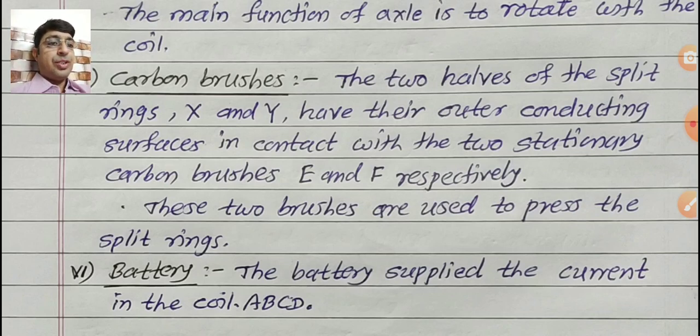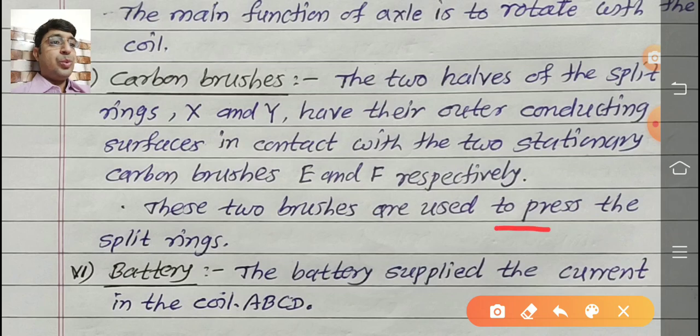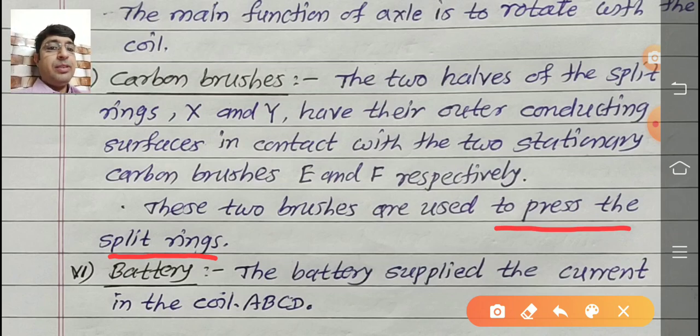These 2 brushes are used. So what is the function of these carbon brushes? Underline: to press the split rings. For that purpose, these carbon brushes are used in the electric motor. And the last component used in the electric motor is the battery. The battery supplies the current to the coil ABCD.